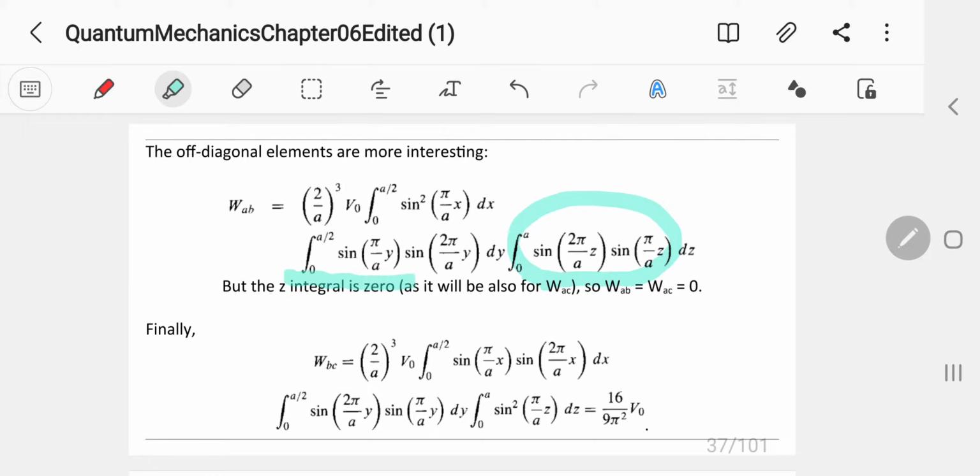However, this one will not give 0 because the limits would be from 0 to a over 2. Here in this, you're taking the whole thing from 0 to a.